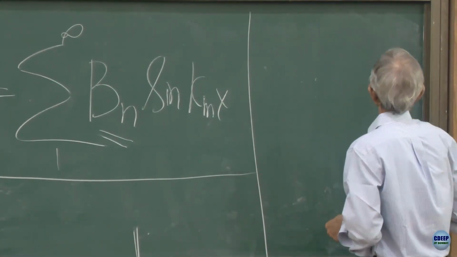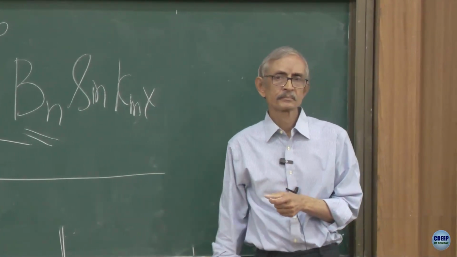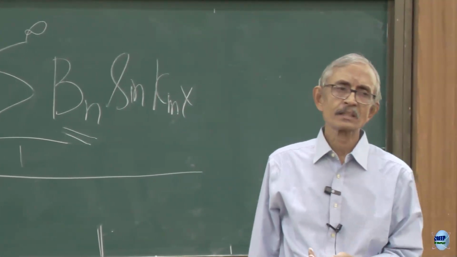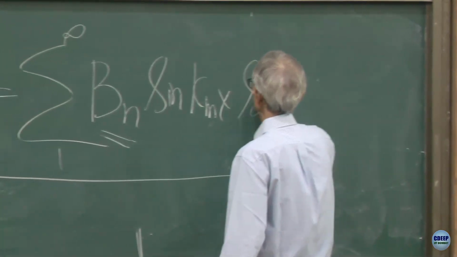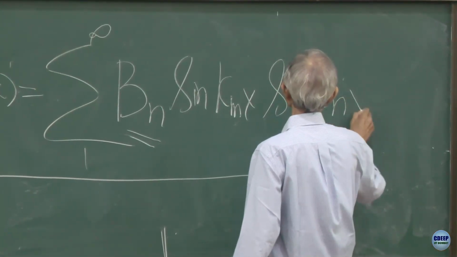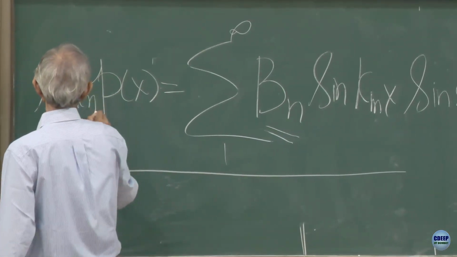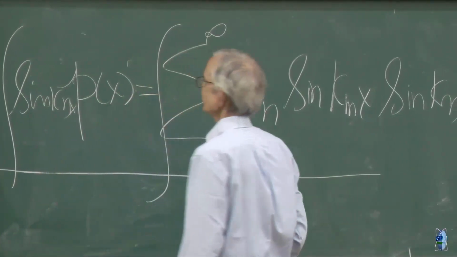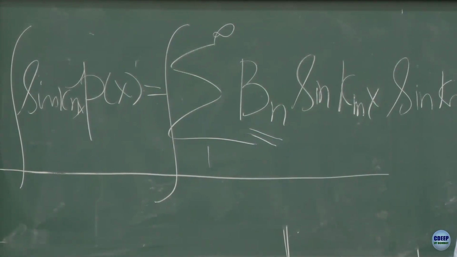Now, can I use the same thing here? Or can I not? Why don't I just say multiply this by sine Kn x, integrate, and will I get my Bn?